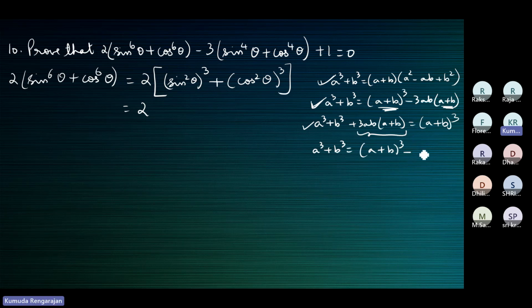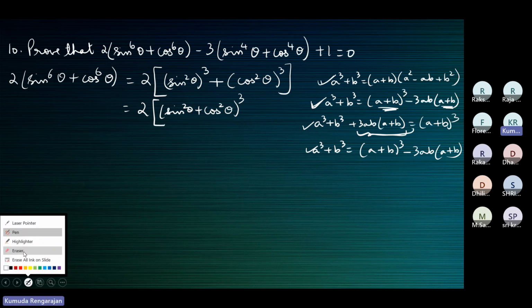So on the other side, it will become minus 3ab into a plus b. This plus will become minus on the other side. We use this one. So a cube plus b cube is a plus b the whole cube minus 3ab into a plus b.